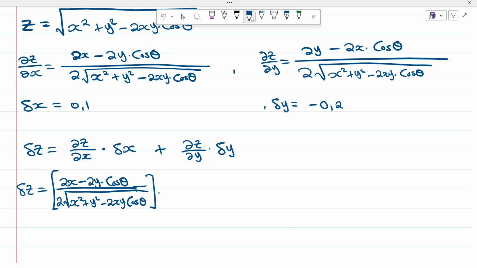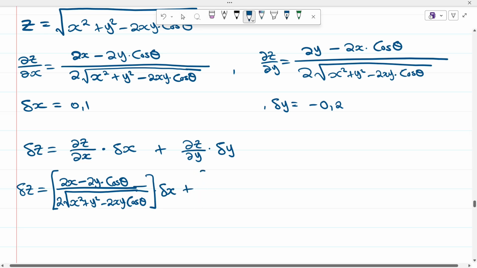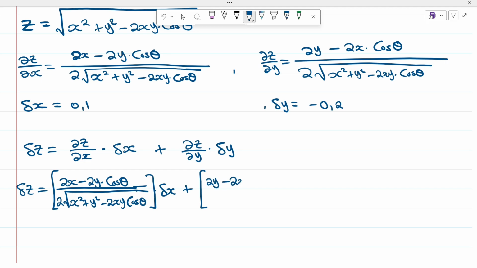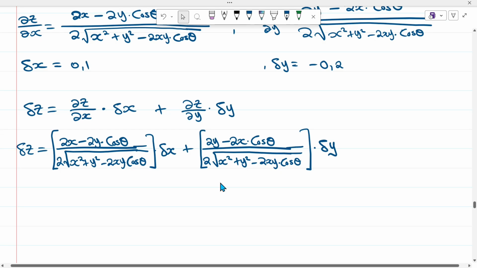So that's the thing there, multiplied by the small change in x, plus I substitute my other term, which is 2y minus 2x multiplied by cos of theta divided by 2 root of x squared plus y squared minus 2xy cos of theta. Just like that, and then you multiply it by your small change in y.